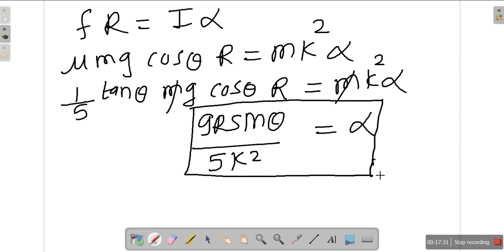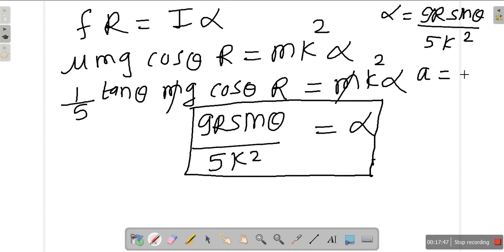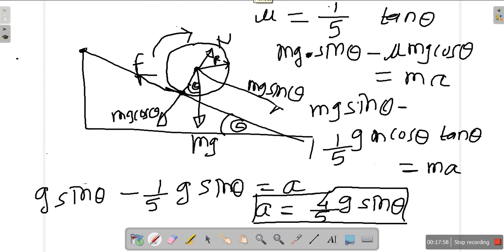Okay, now we are supposed to find, let me write down these values so that we will use them. And what was A? I think it was 4 by 5 g sin theta, but let me confirm. Yeah, it was 4 by 5 g sin theta.